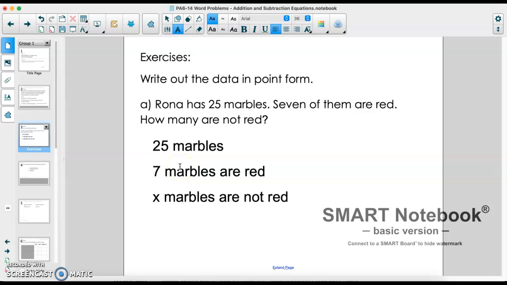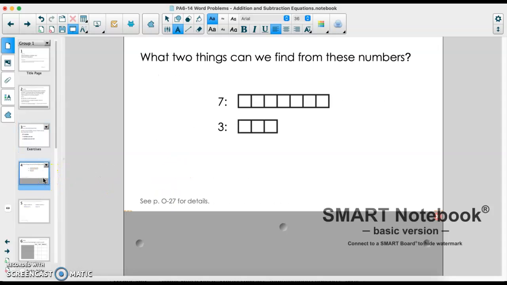Okay, so what we need to do then is move on and just review quickly this concept of totals and differences. And so here we have two numbers, two pictures. The question is, what two things can we find from these numbers? Well, we can find a total, right? And so we would have 7 plus 3, which would give us 10, or we can find a difference, which would be 7 minus 3, which would give us 4.